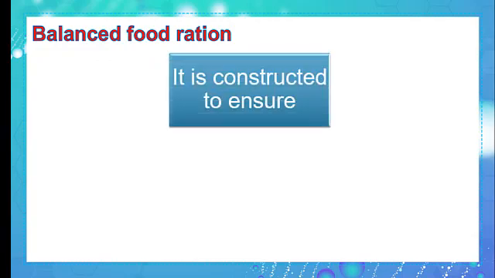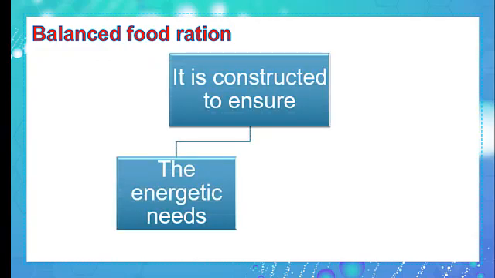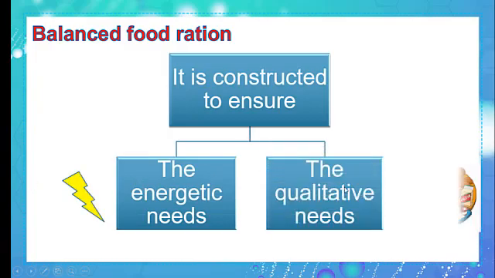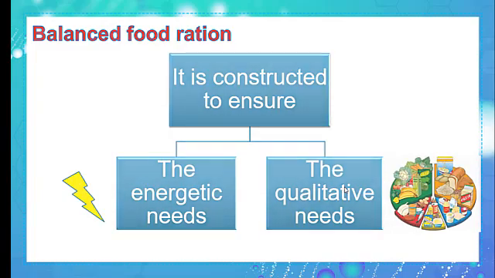To conclude, a balanced food ration must be constructed in order to ensure the energetic needs and the qualitative needs of the body. Let's now start with the energetic needs.